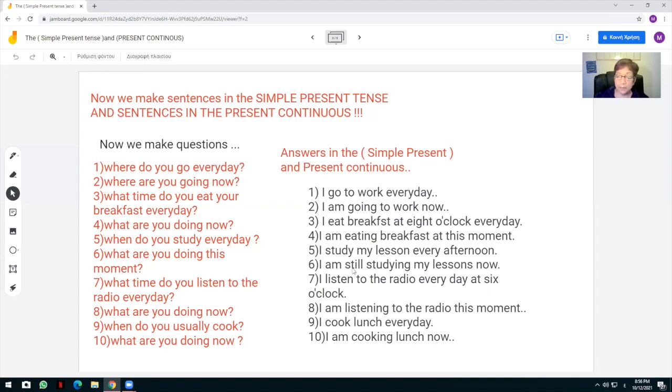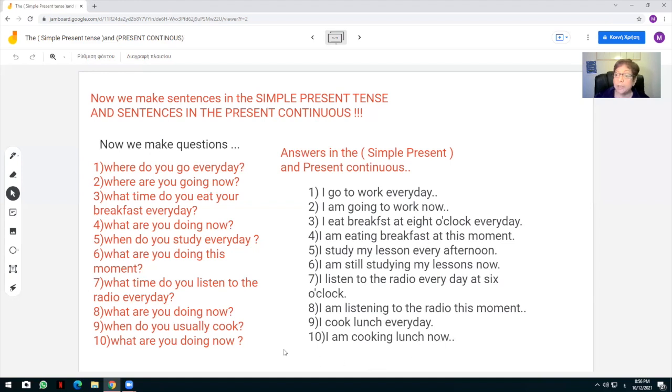I am still studying my lessons now. I listen to the radio every day at 6 o'clock. I am listening to the radio this moment. I cook lunch every day. I am cooking lunch now.